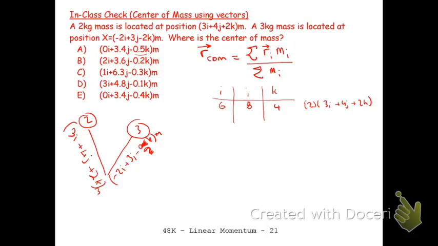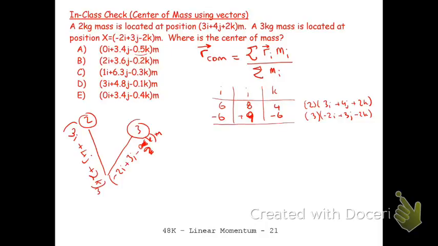And the next one I'm going to do is that guy, and that would be minus 6, plus 9, and minus 6. That is 3 times minus 2I plus 3J minus 2K. So 6, 8, 4, minus 6, plus 9, minus 6.